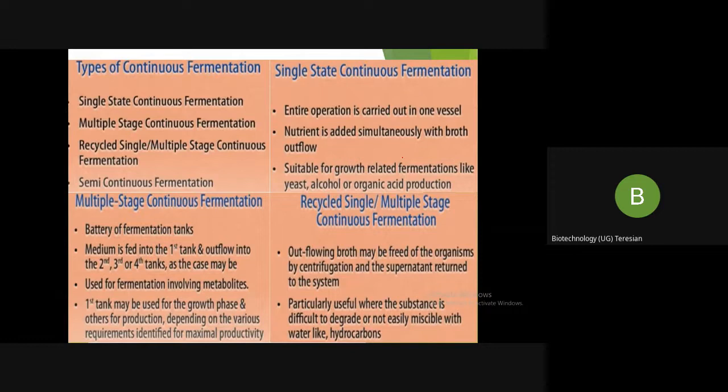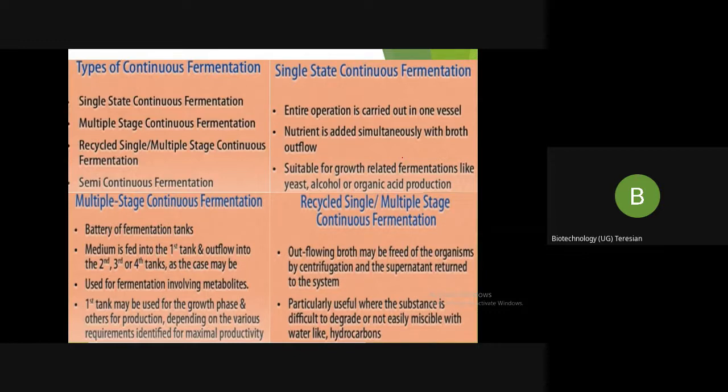So coming to the types of continuous fermentation, there are different types. You have to remember a very important point: continuous culture devices are means for maintaining the cell population in the exponential growth phase for a long period.